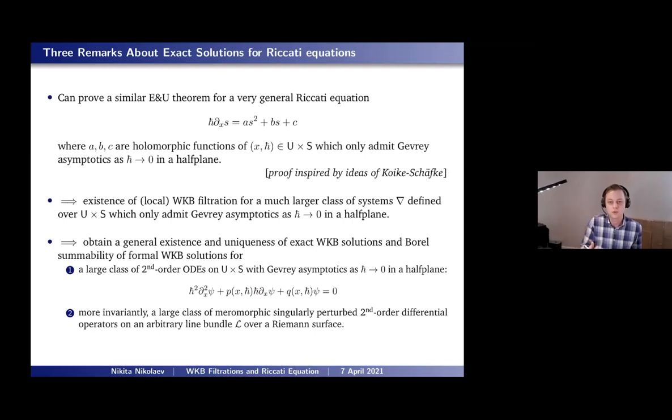I'm able to do this for general rank 2 order 2 scalar differential operators on an arbitrary line bundle. It doesn't have to be the trivial bundle. It doesn't have to be the anti-canonical line bundle. It can be any line bundle on a compact Riemann surface, and I can set up this problem. I can look at the singularly perturbed second order differential operator, and I can construct exact WKB solutions to it in specified domains.